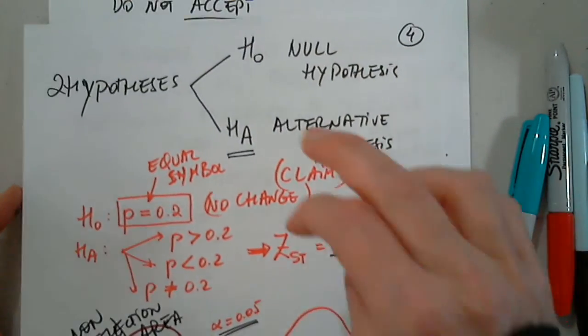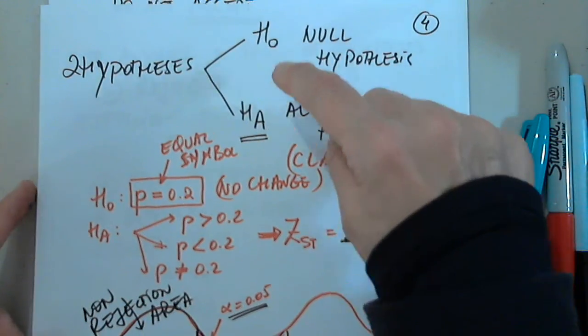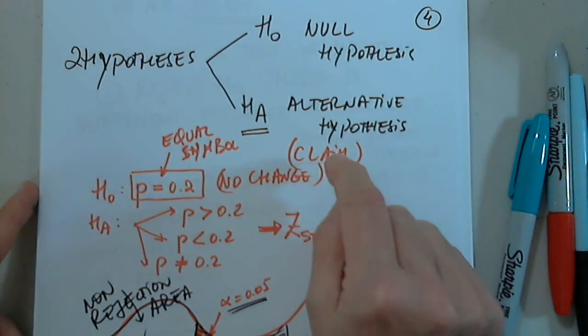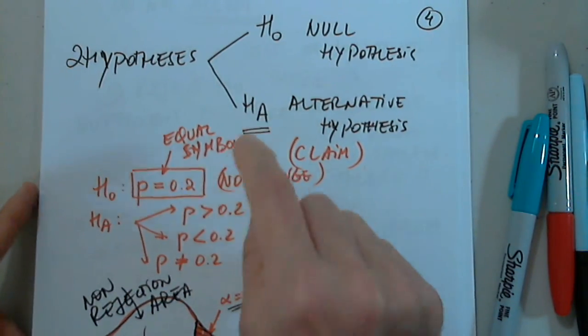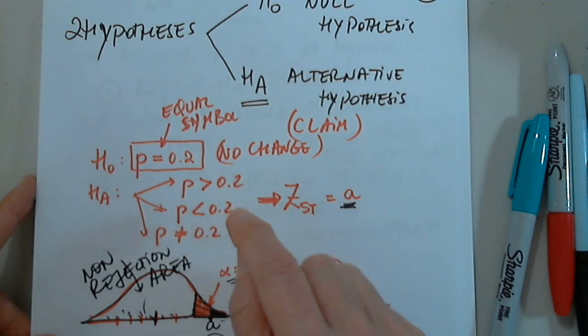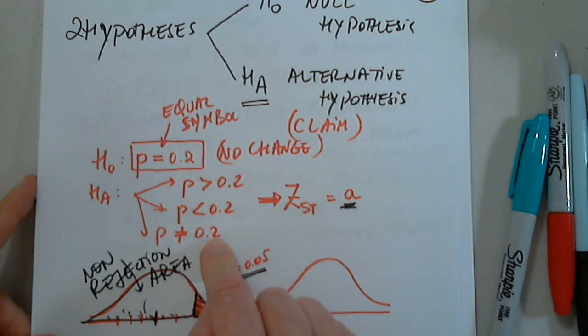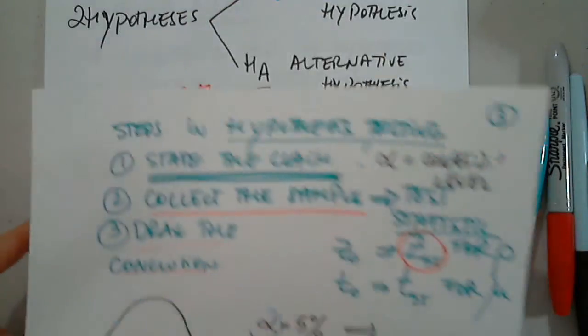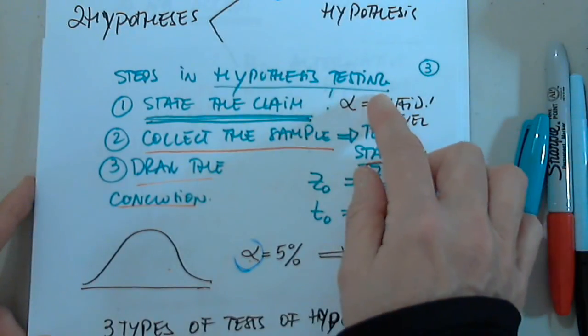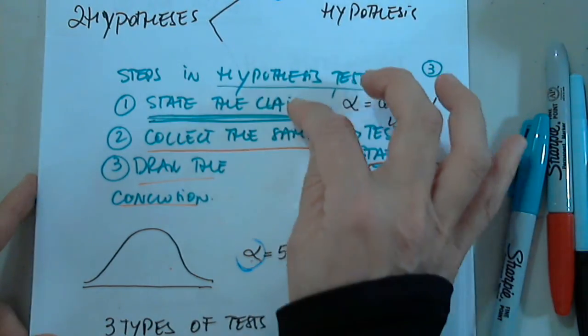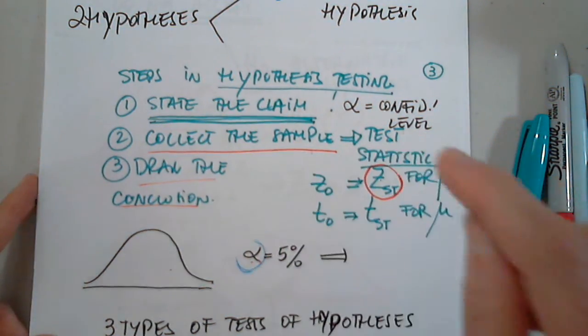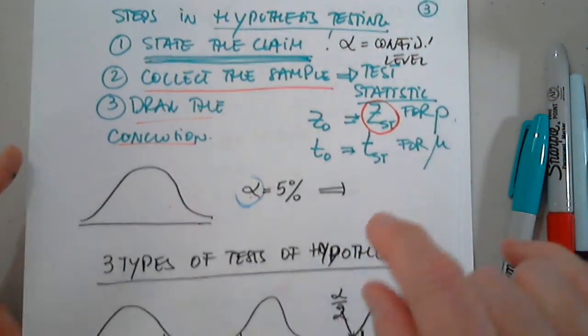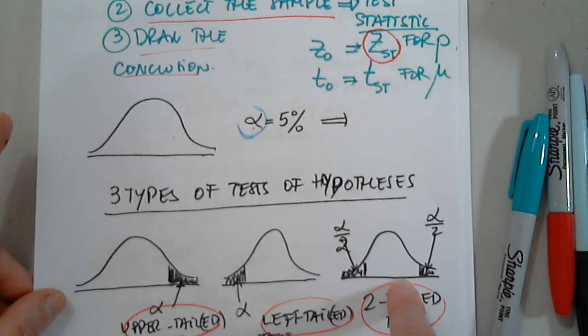And there are two hypotheses, the null and the alternative. This is our claim. Based on the alternative, I decide if it's an upper tail test, lower tail test, or a two-tail test. First we state the claim, then we collect the sample, we determine the test statistics, and we see where they fall.